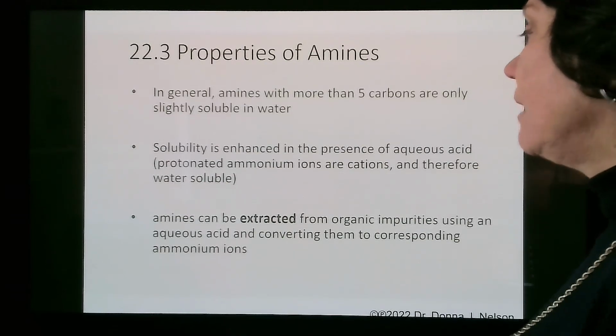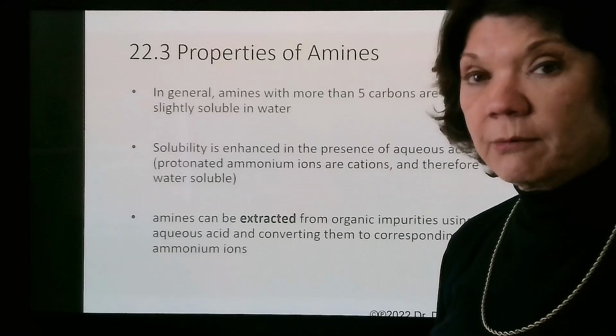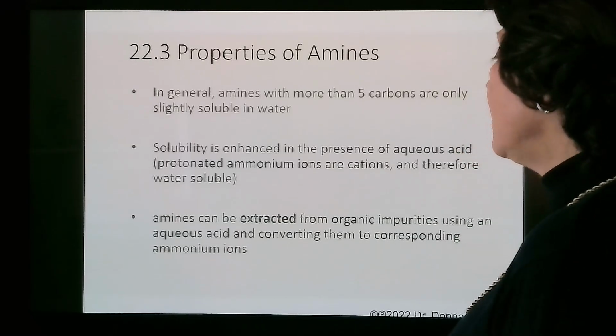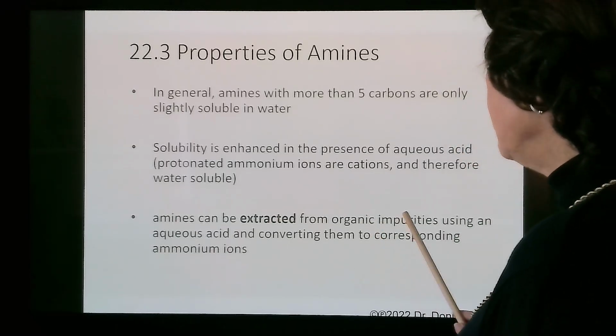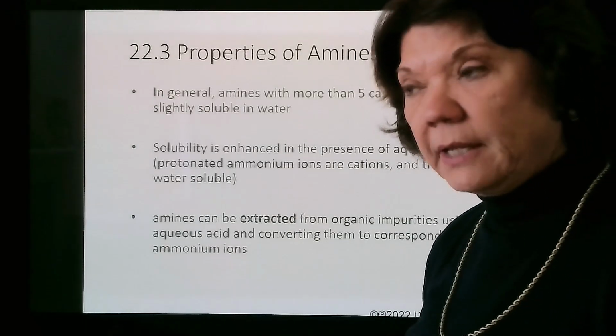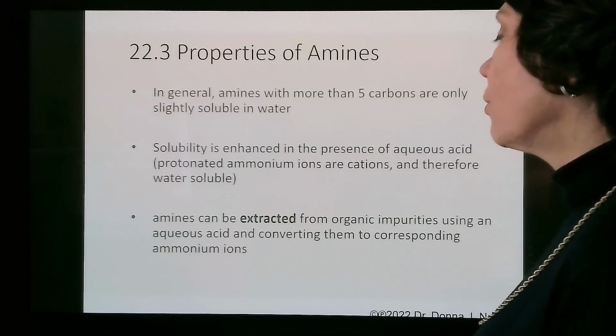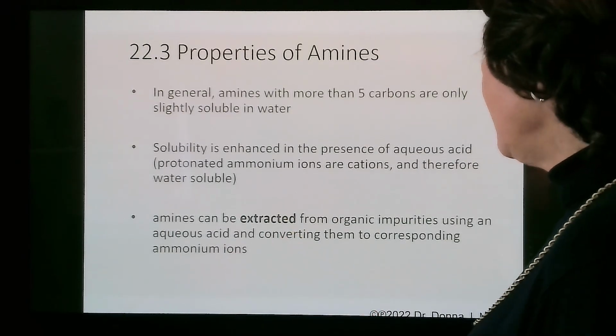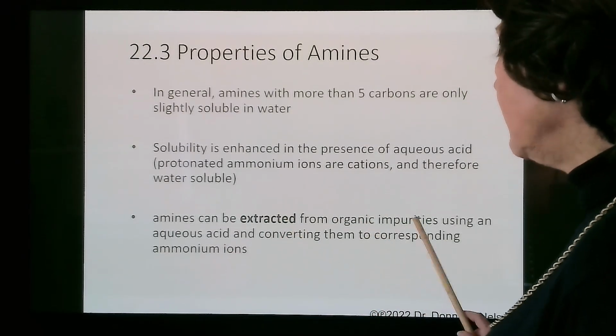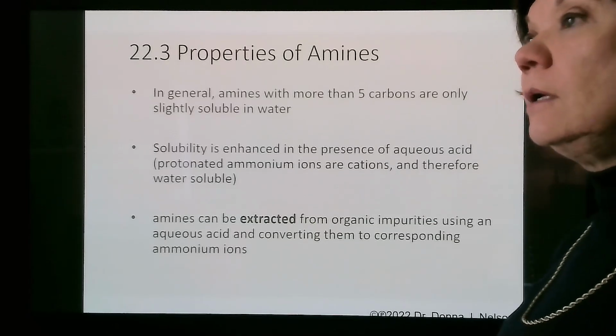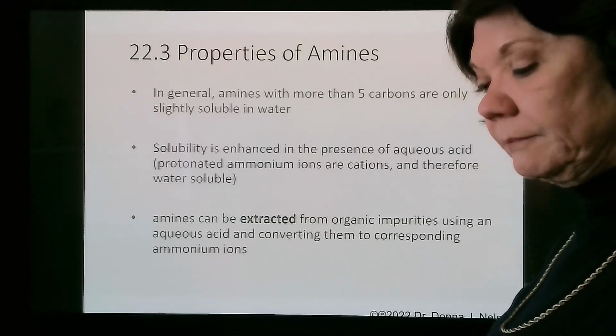The ammonium ions will be soluble in water, and the organic impurities will not be. And so you can separate the two phases, and then your amines will be in the aqueous phase, and the organic impurities will be in the organic phase.